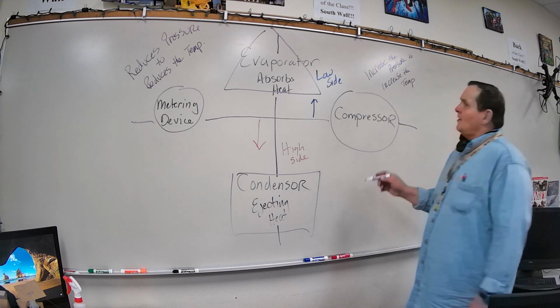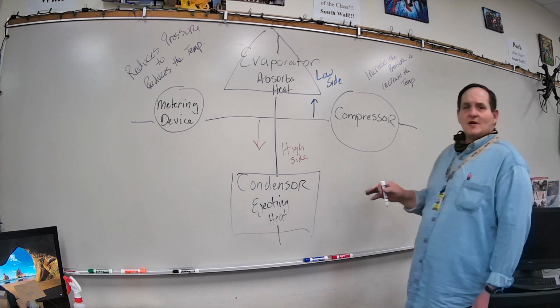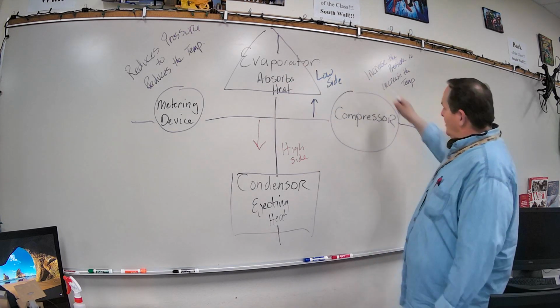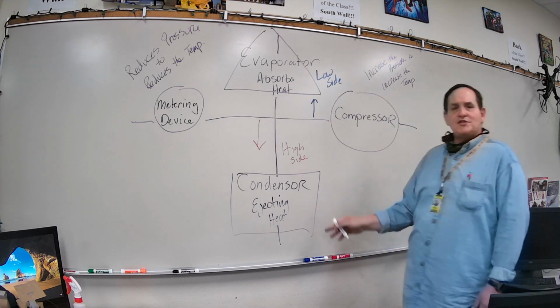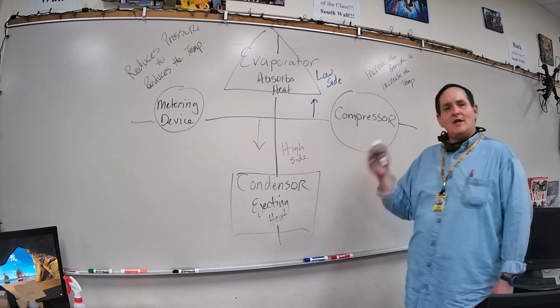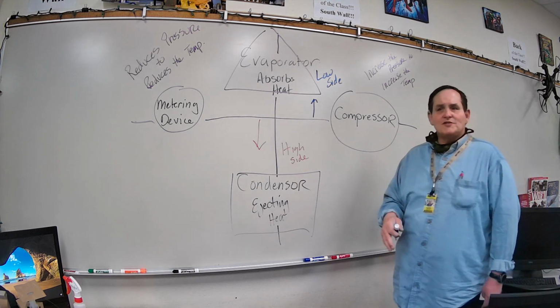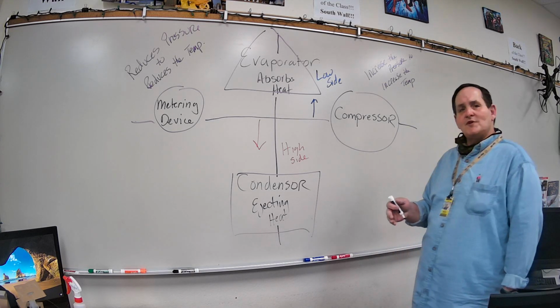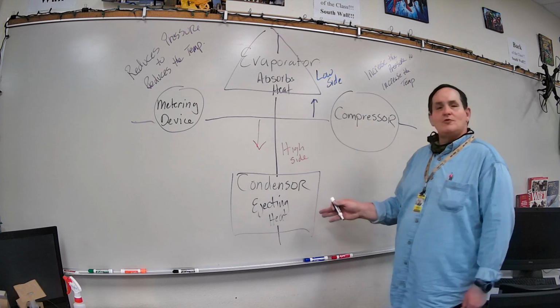Okay. So why? We're conditioning. This whole process is either conditioning the refrigerant to absorb heat, or we're conditioning the refrigerant to eject heat. And the medium that we're using to absorb heat and eject heat is refrigerant. So we have to change the condition of the refrigerant to be able to absorb it or to eject it.